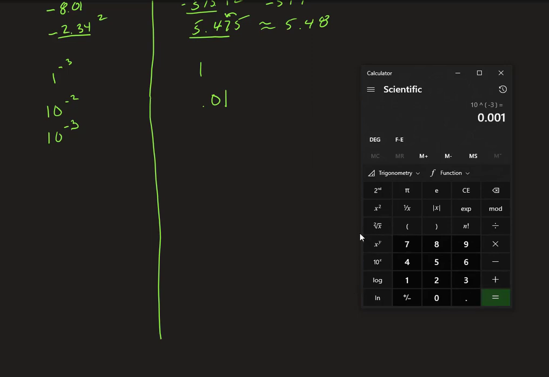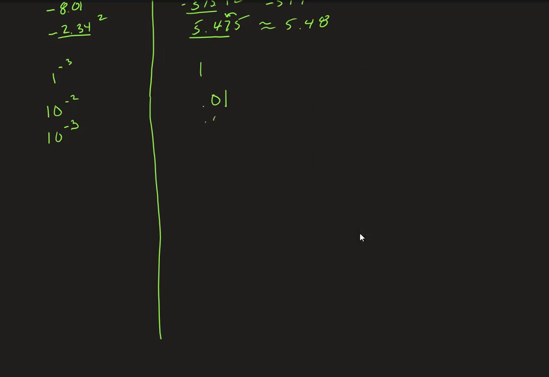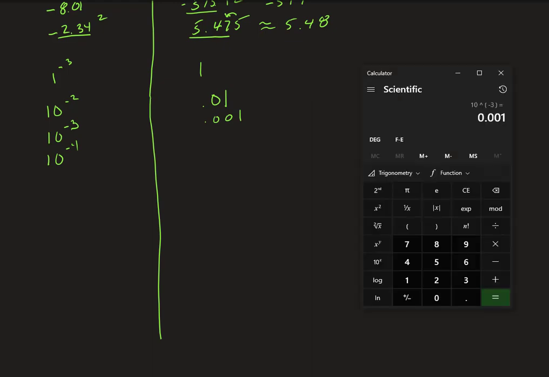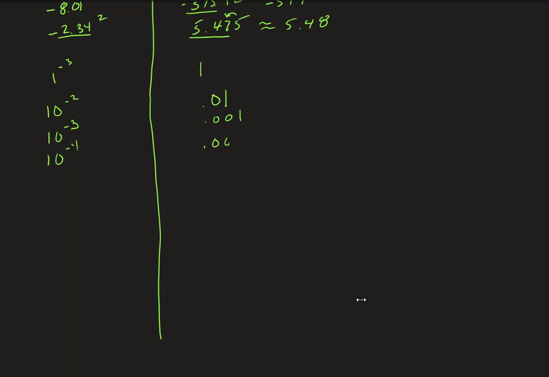And you may see a pattern develop here. 0.001. 10 to the negative 4 is 0.0001.